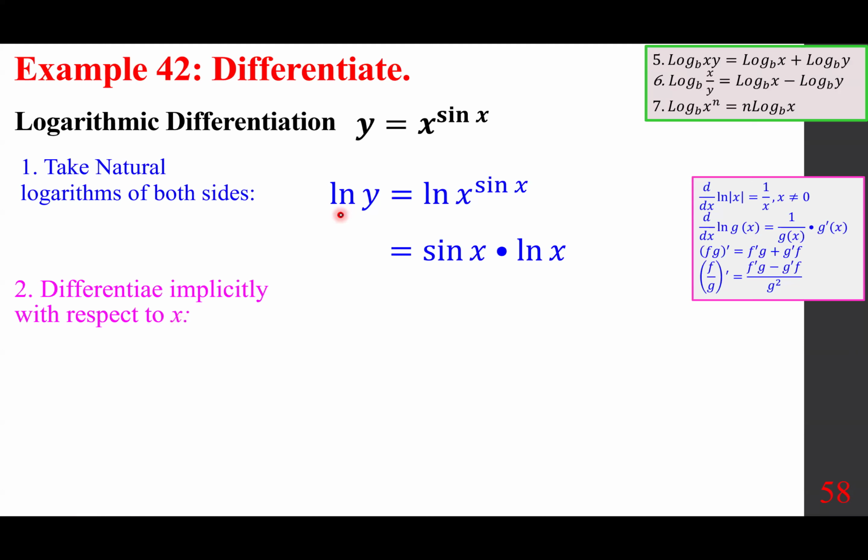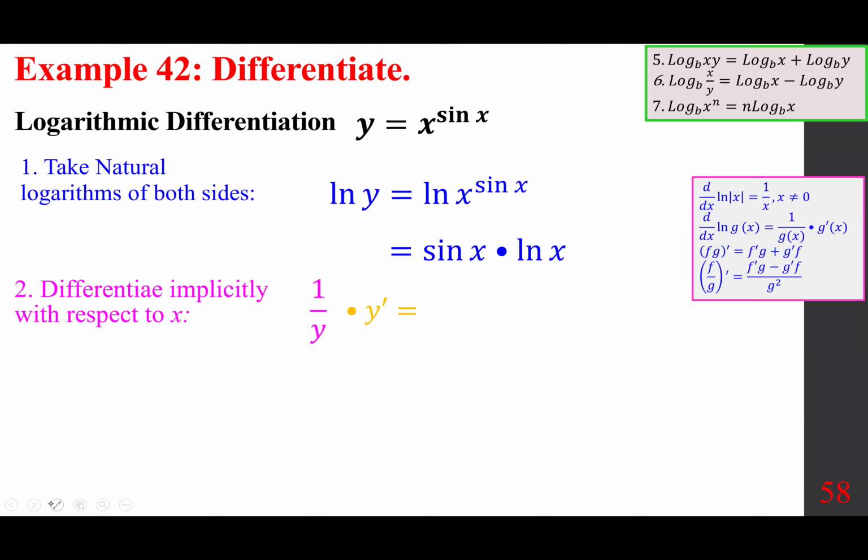So ln y is always 1 over y times y prime, everybody. It is always the case. What about this one?